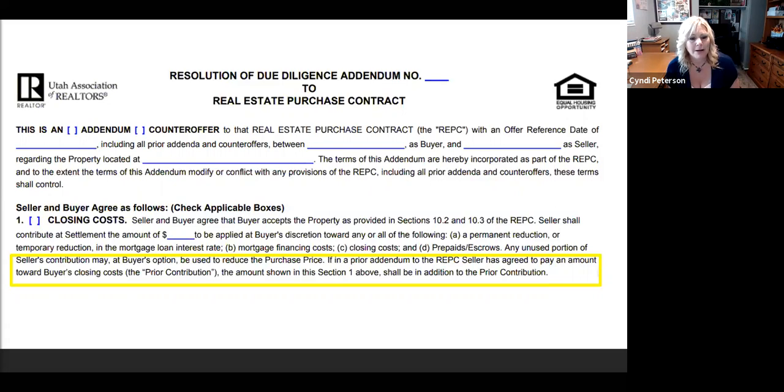If in a prior addendum to the REPC the seller has agreed to pay an amount towards buyer's closing costs, the amount shown in this section, number 1, shall be in addition to the prior contribution.